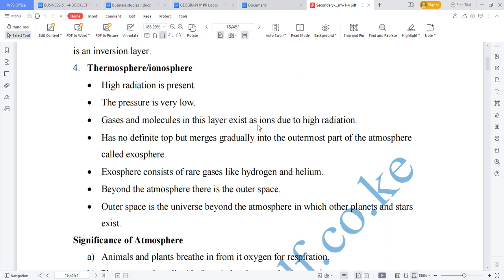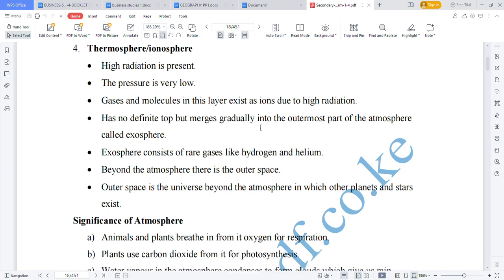Number 4, we are going to talk about the thermosphere or ionosphere. High radiation is present in this layer. The pressure is very low. Gases and molecules in this layer exist as ions due to high radiation.